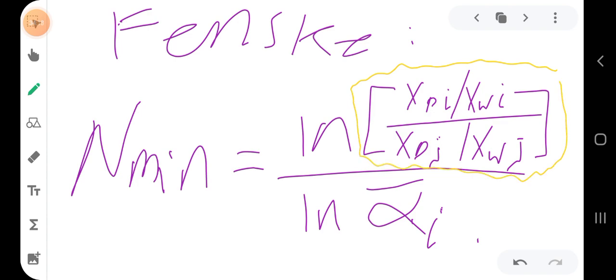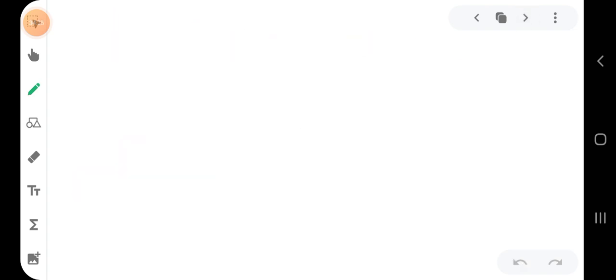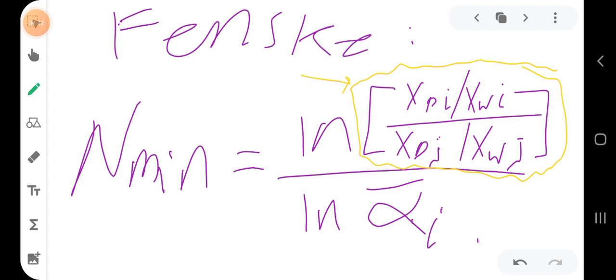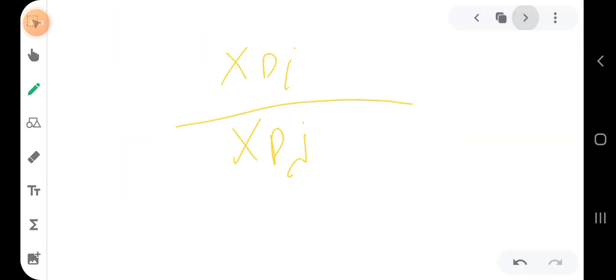So let us take this part. If I take this part and I write it as x Di over x Dj, and the denominator of the denominator would be a numerator, so it is x Wj over x Wi.